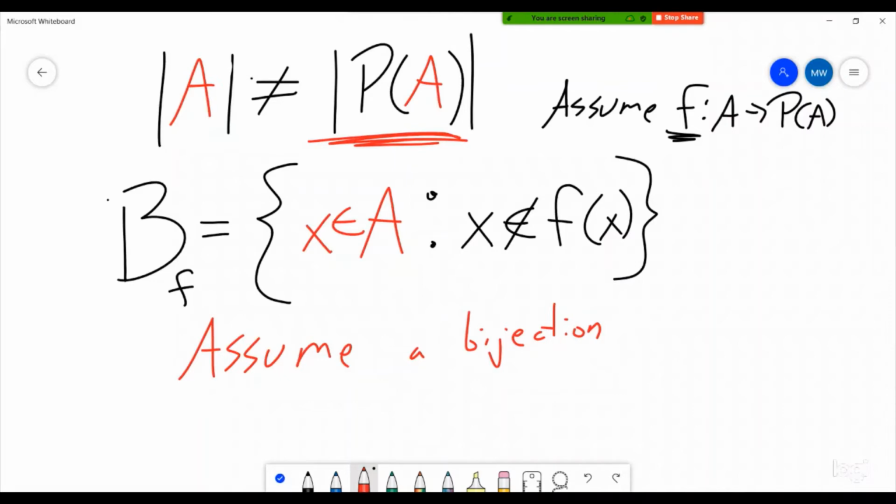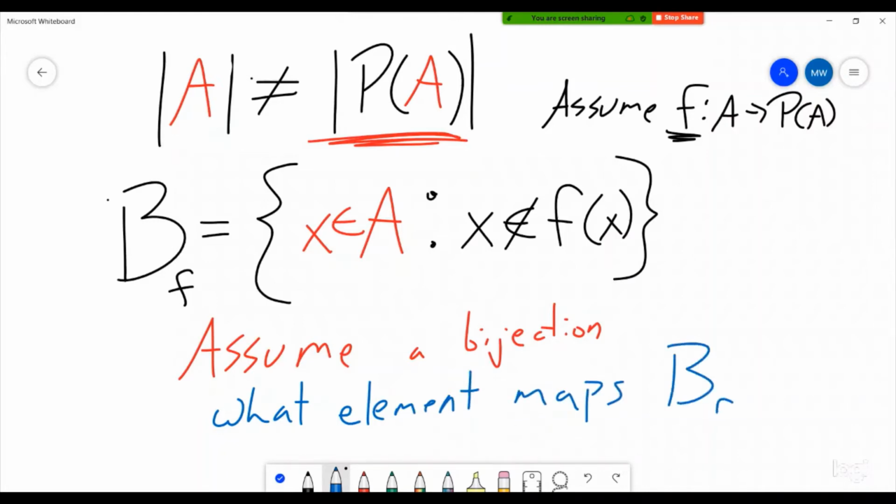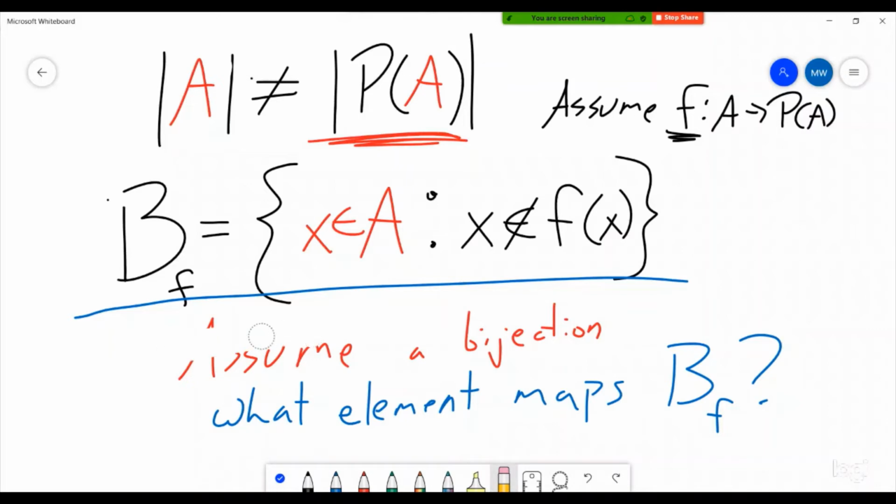So the question is, what element maps toward the Barber set? Is there able to be an element that can map to this Barber set under f? What happens if there is an element that maps to the Barber set?